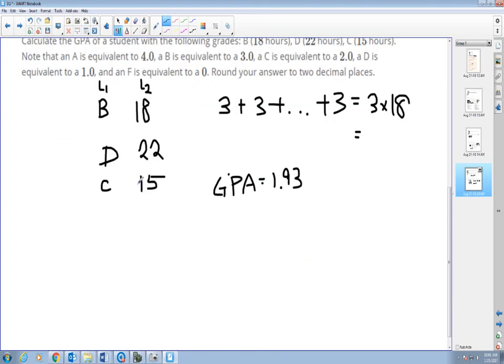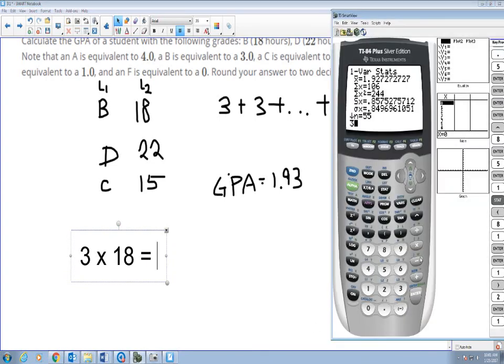So if I do this by hand, the 3.0 occurs 18 times. So naturally you would say that will be 3 times 18, and 3 times 18 gives me 54 points.